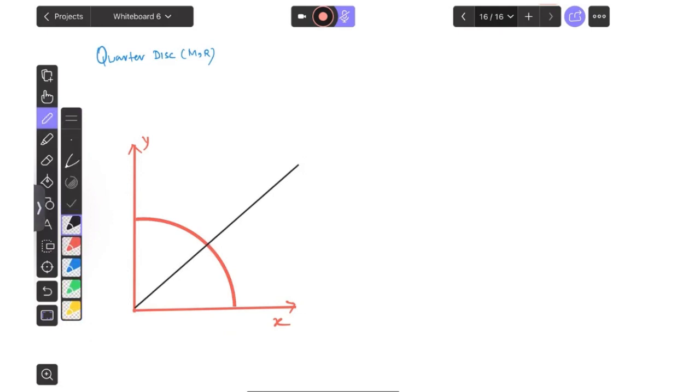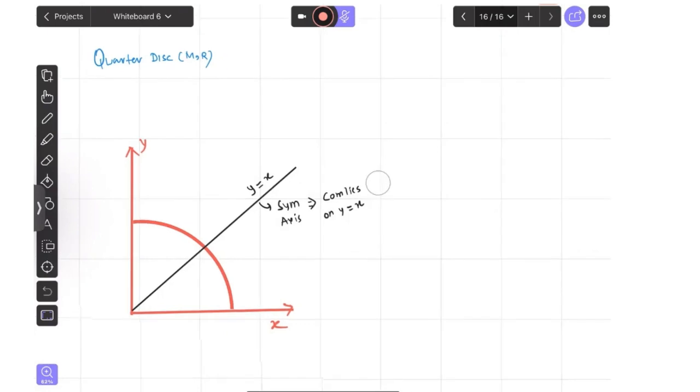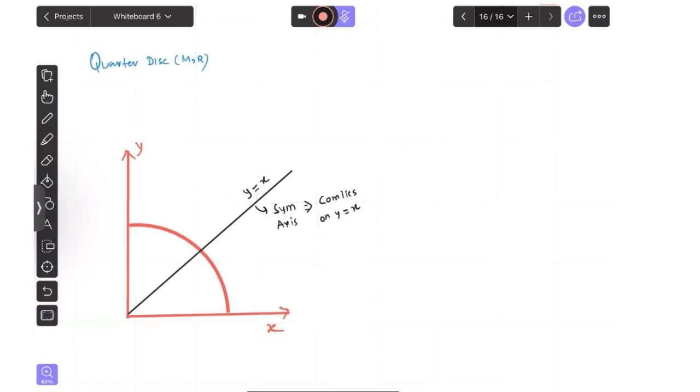Just like the case of the quarter ring, what will be the symmetric axis now? It will be y equals to x. So this will be the axis of symmetry, and the center of the mass lies on it. If any point is lying on the line y equals to x, whatever x coordinate and y coordinate it has must be equal, no?